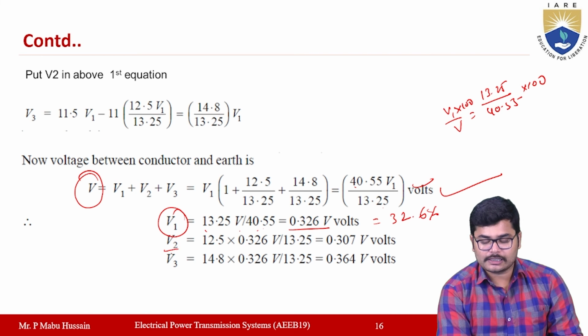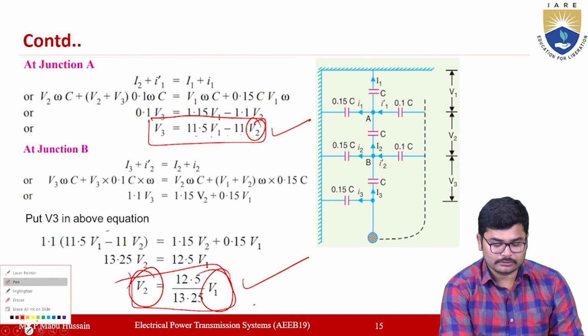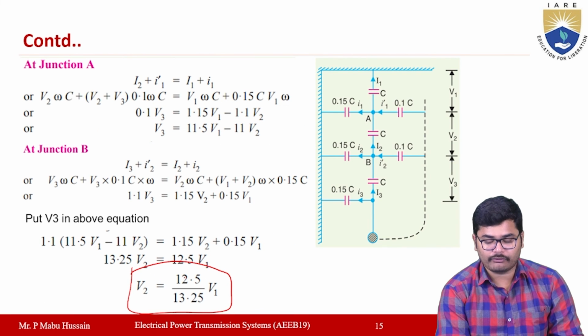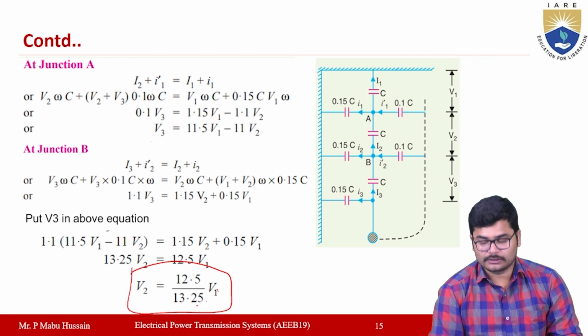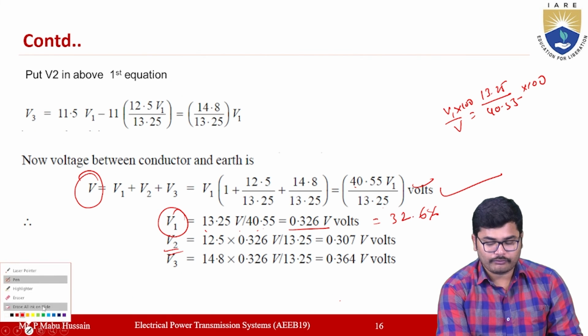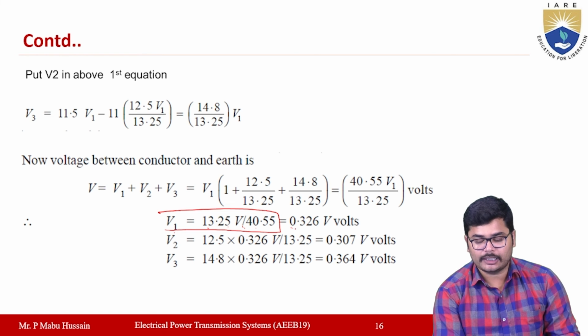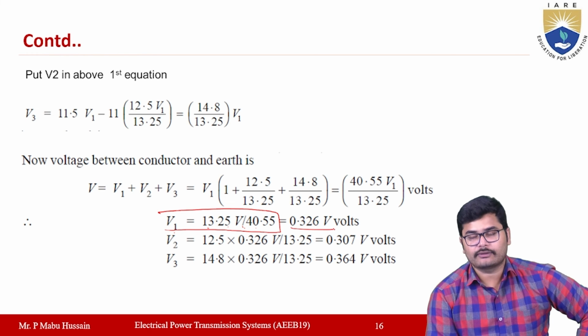And for V2, from this equation V2 is 12.5 by 13.25 V1. First, without finding the percentage, V1 is equal to 13.25 by 40.55 V, which is finally 0.326 V.